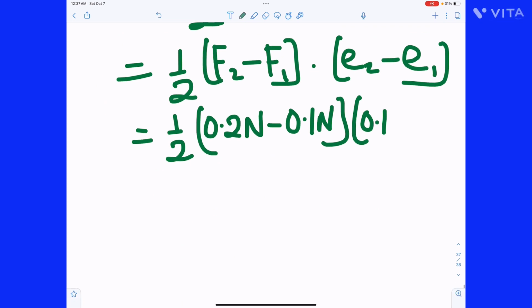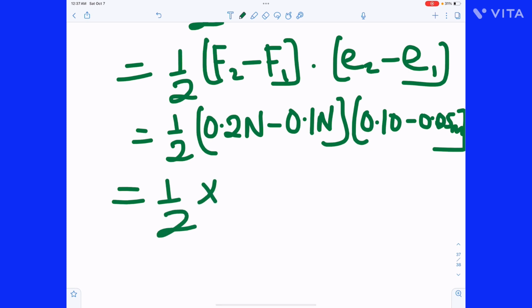That answers our question. Let me write it so it doesn't look like something else. So your work done or energy stored is half times 0.2 minus 0.1. That's 0.1 newtons.